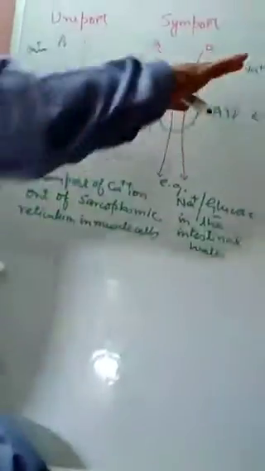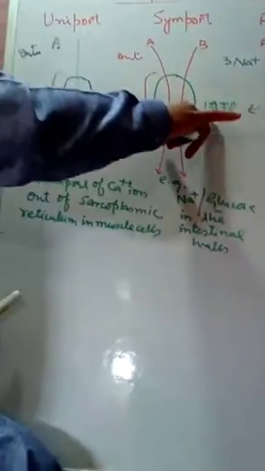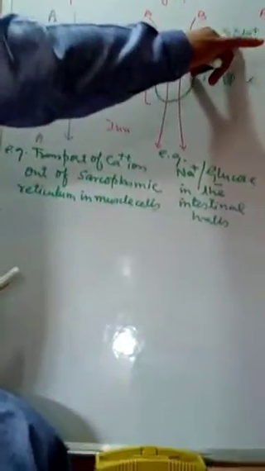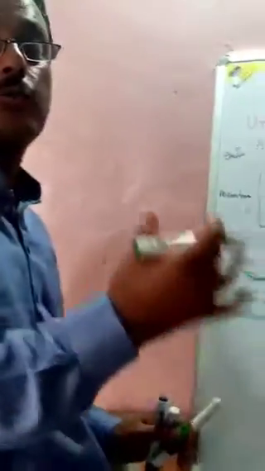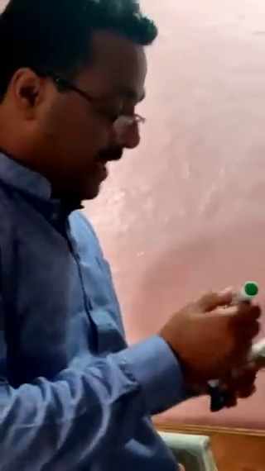So one goes inside, one goes outside. So in this case we will see 3 sodium ions are pumped out in exchange of 2 ions of potassium at the expenditure of 1 ATP molecule.